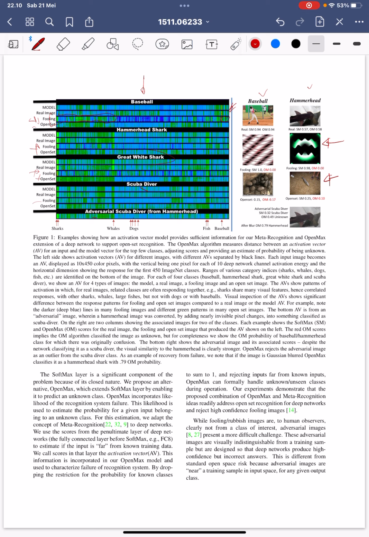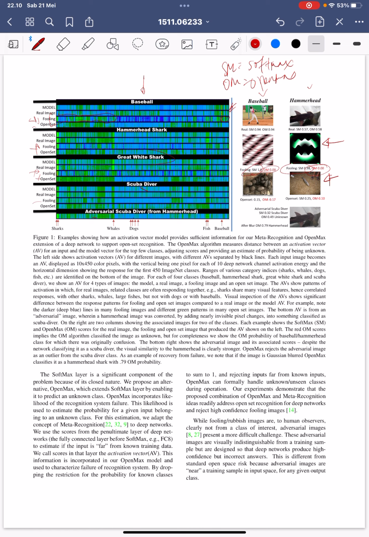So we move to the fooling and open set. In the fooling, SM is softmax and OM is OpenMax. With softmax, for the fooling image of the baseball, it provides a perfect output distribution, a perfect prediction of 1. But OpenMax provides a value of 0. For the hammerhead, softmax provides high confidence, but OpenMax provides 0.